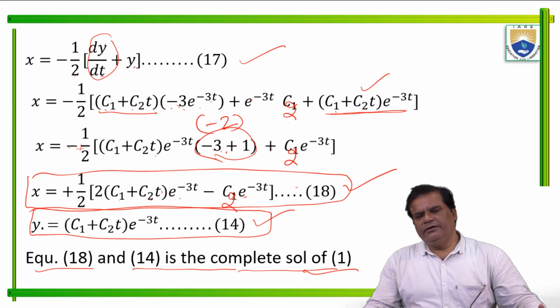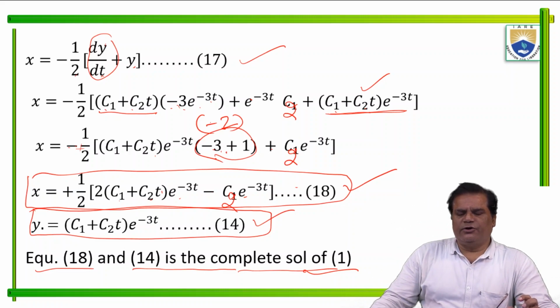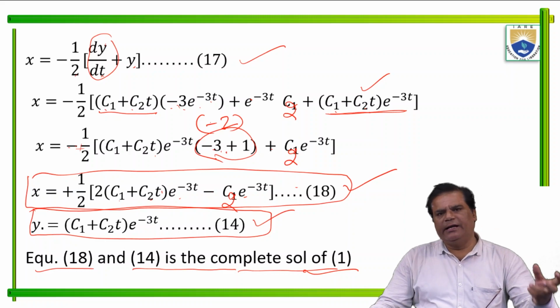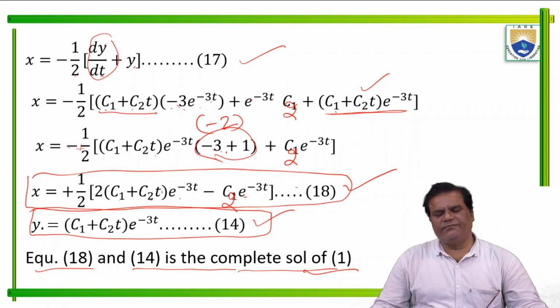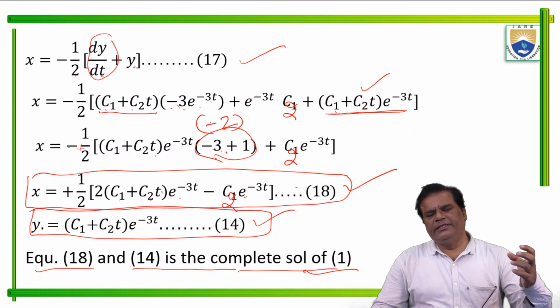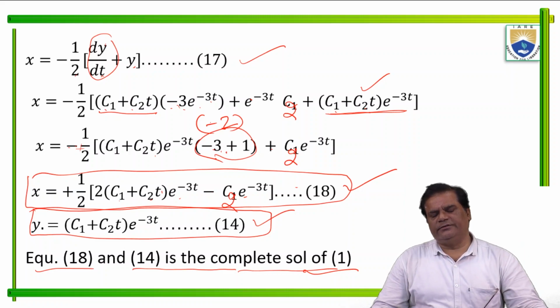What is a general solution? That solution in which constants are present is known as a general solution. If we find the values of the constants and put them back into the solution, we get a solution without constants, known as a particular solution.